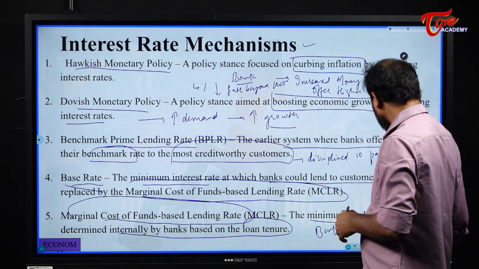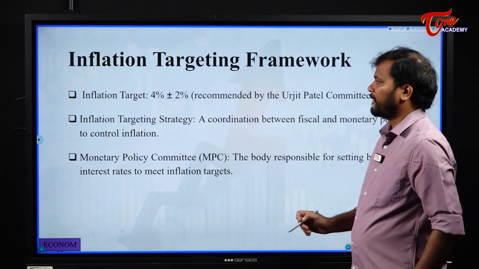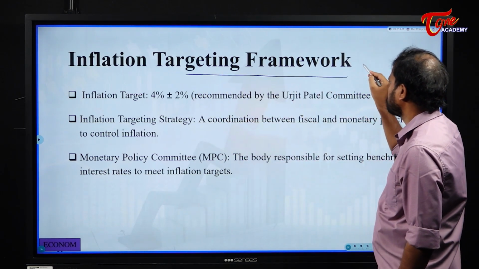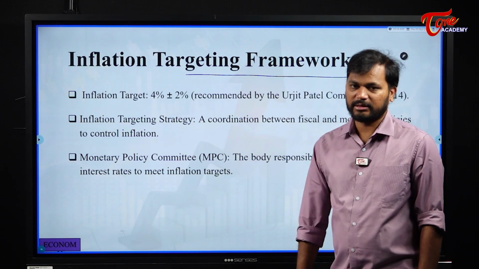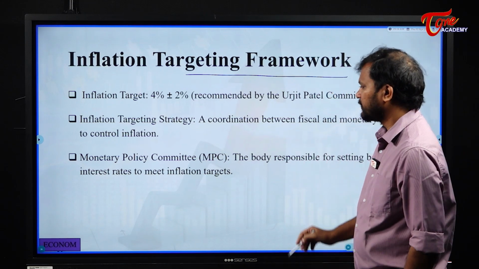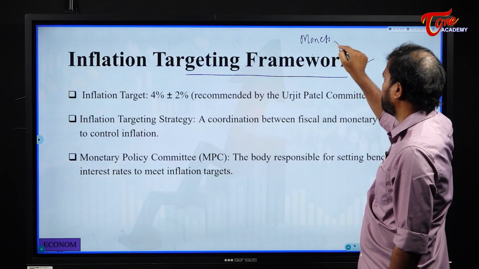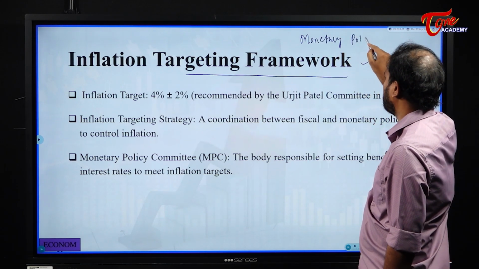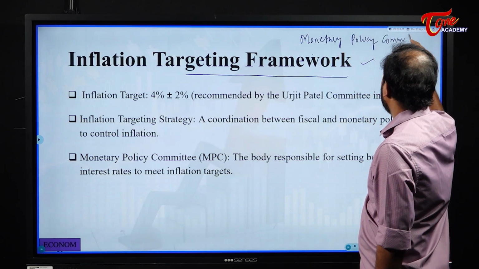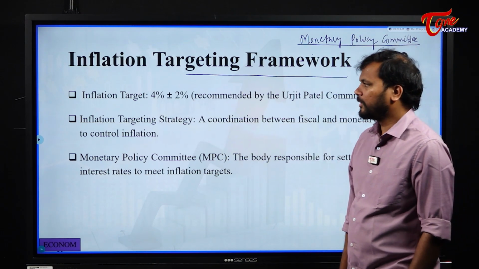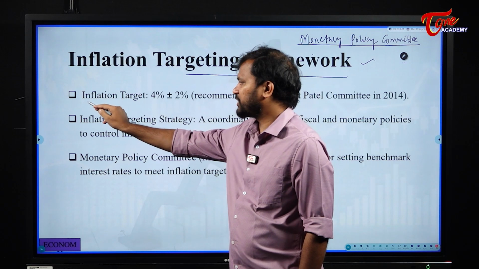Clear? Next. Now, inflation targeting framework. This is very important. Why? Because this comes in the context of the Monetary Policy Committee. Clear? Now, what is inflation?